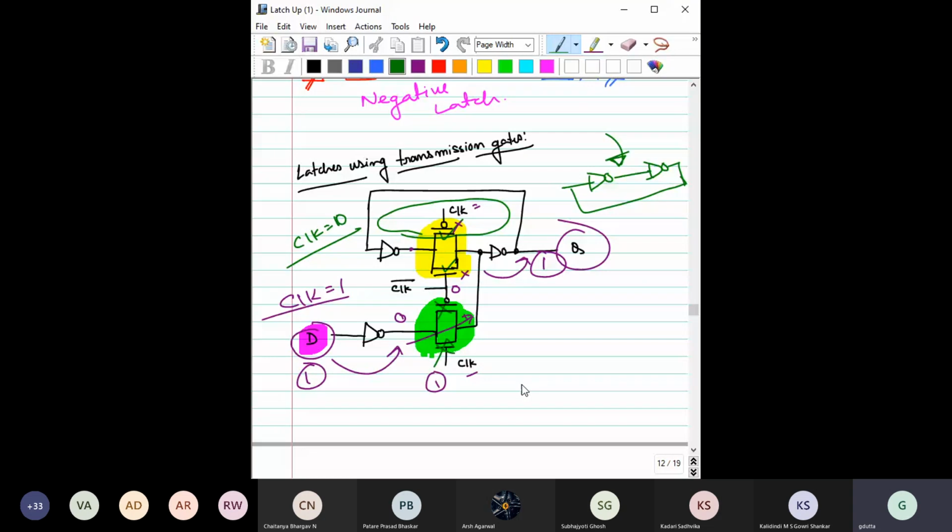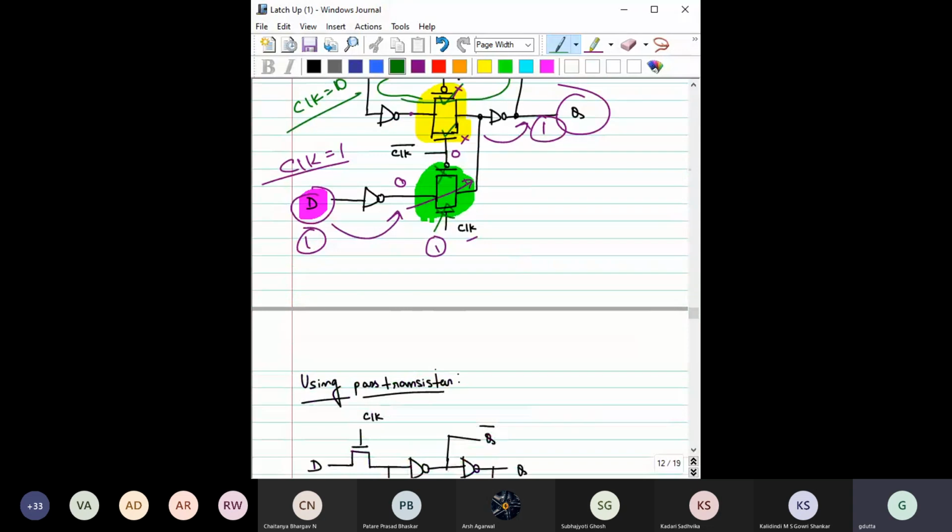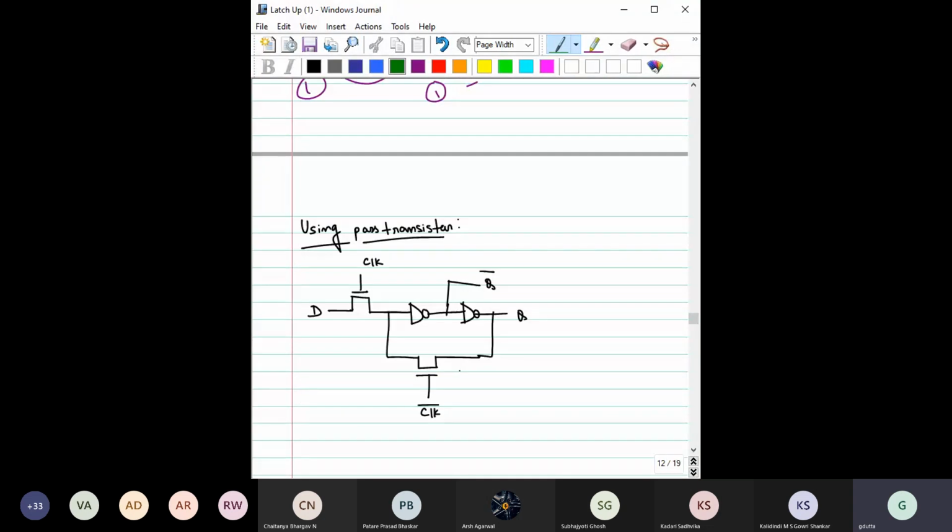The number of transistors is half, because if you are implementing only NMOS pass transistors, it is only NMOS, PMOS only PMOS, right? So if reducing the number of transistors is of prime importance for you, then probably you can implement the same circuit using pass transistors, and the circuit would look something like this.